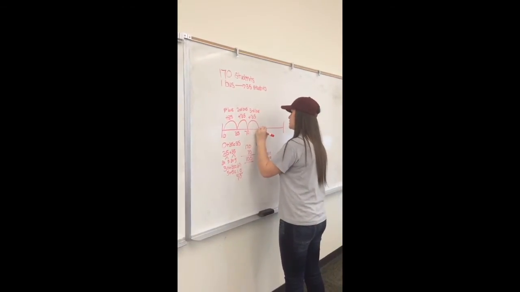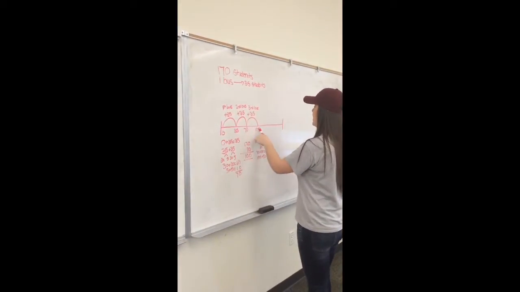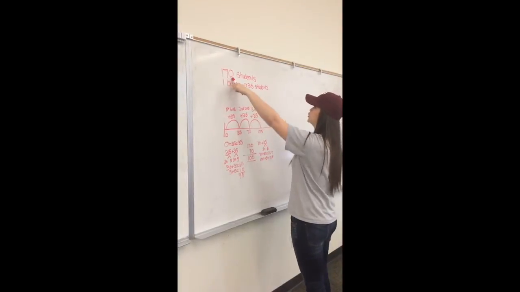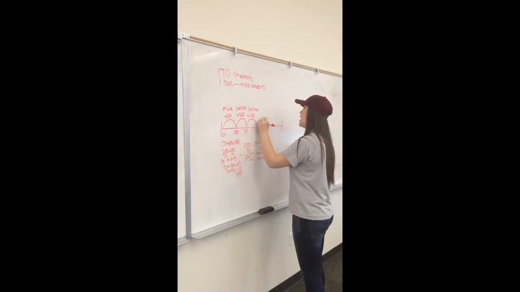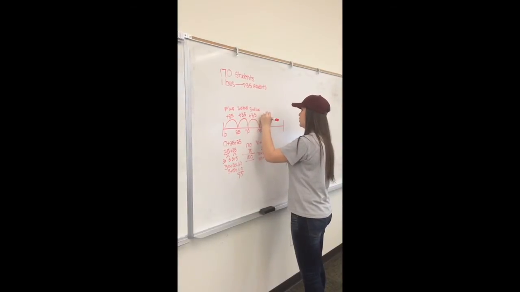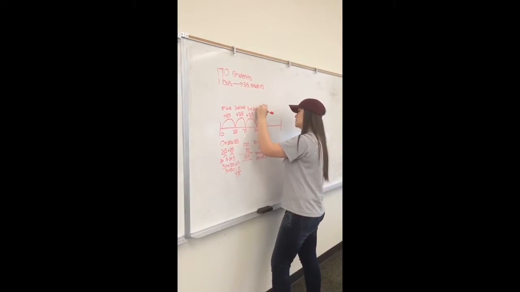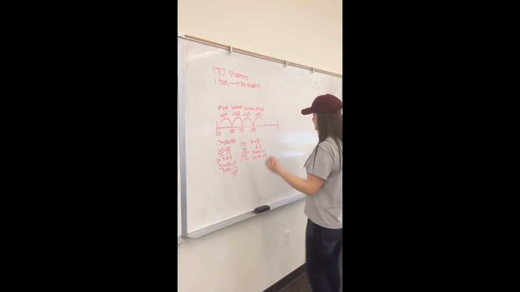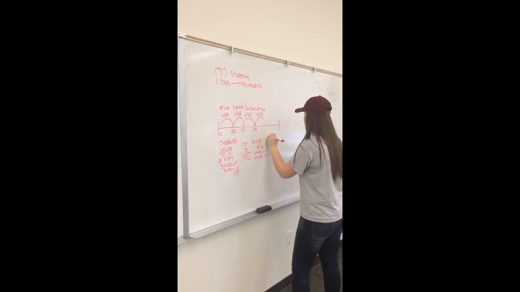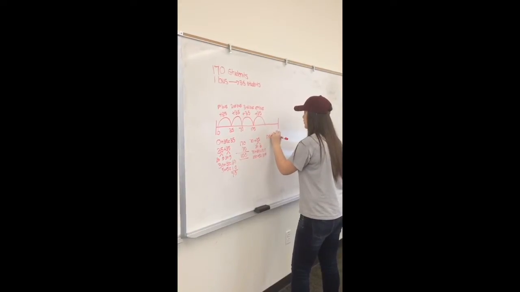So with our 3 buses, we have 105 seats, but we're still short for our 170 students. So we know that we're going to need another bus with another 35 seats, giving us our 4th bus. So now what we're going to do is take 105 and add the 35 seats.